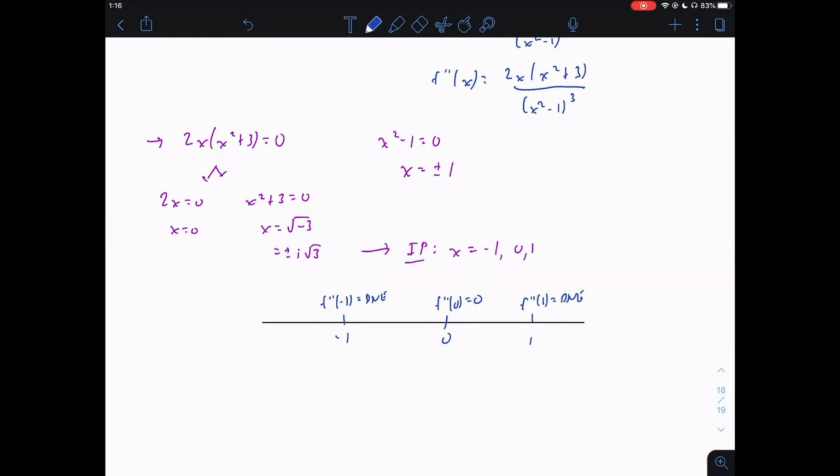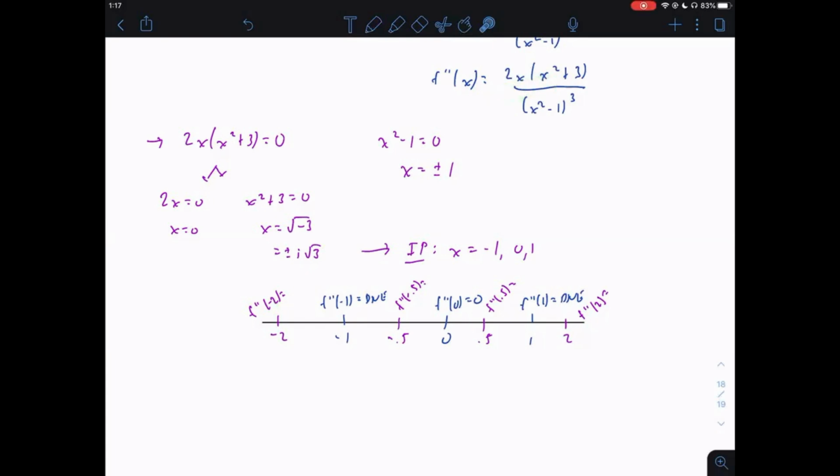All right, so now let's pick some test points here. Let's do -2, -0.5, +0.5, and then +2. And again, we're plugging these into the second derivative. It's going to be f double prime at -2, f double prime at -0.5, f double prime at +0.5, and then f double prime at +2, into the second derivative which we found above.